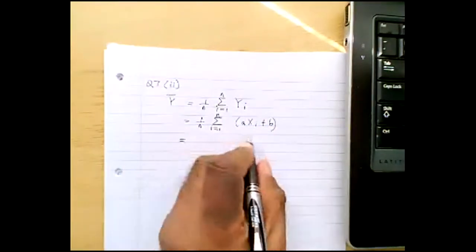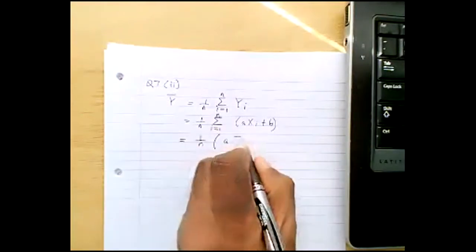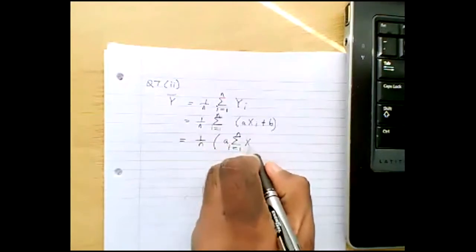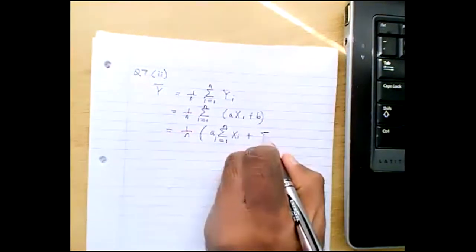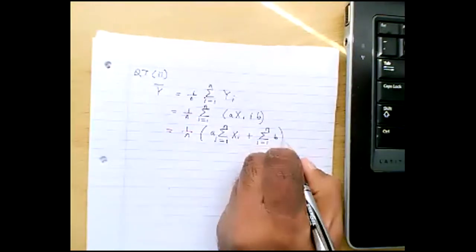And this is, if you take the sum inside, you will get a times the sum of xi plus the sum of b, okay?